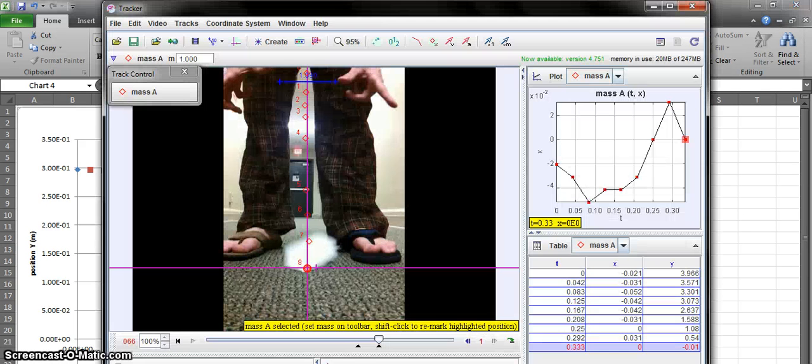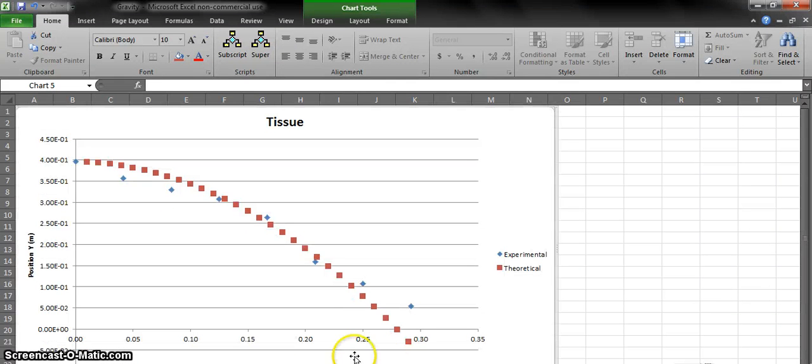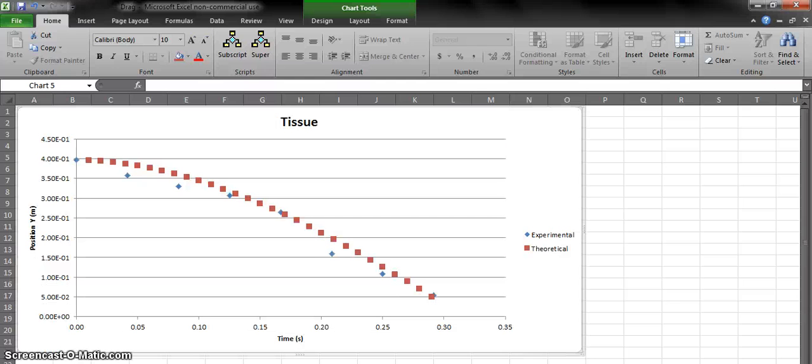A similar process was done for the tissue, but its fall lasted 8 frames and it had a width of 109 millimeters, which I then converted into meters again to get this data here and put it back into the same file to get this graph over here, which is a position versus time graph for the fall of the tissue. The red dots you see here were computed using an experimental model in which to compare the experimental data to the theoretical data and also find the constant of drag force.